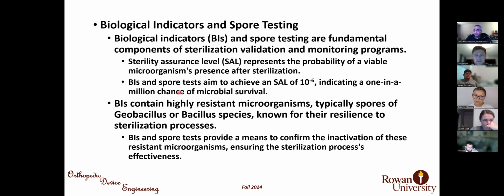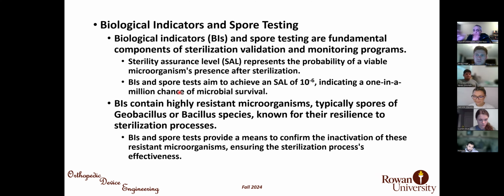The second way is using an indicator, which can be a biological indicator. When we put the items in the machine for sterilization, based on the technique, we can have a biological indicator beside those items.